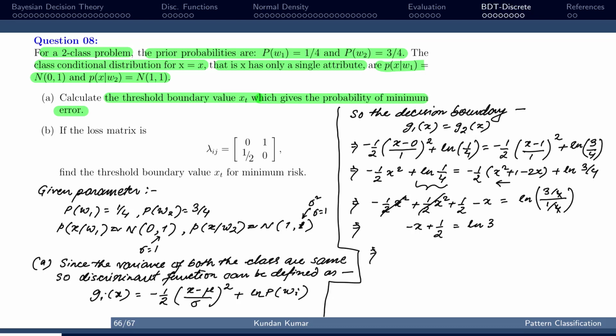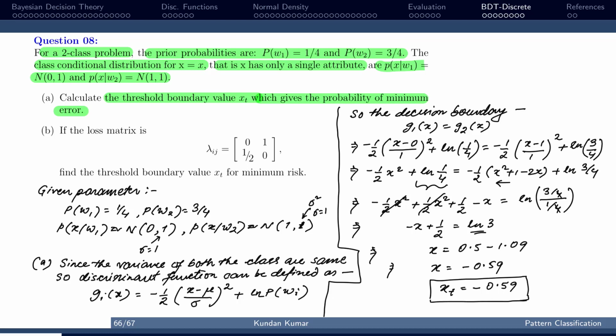Then we'll have x equal to 0.5 minus 1.09, because ln 3 is equal to 1.09. Then we will get x equal to minus 0.59. So basically this is the threshold value, or we can say that this is the equation of the boundary. Because this is the univariate case, we will have a single point, which is the threshold value.